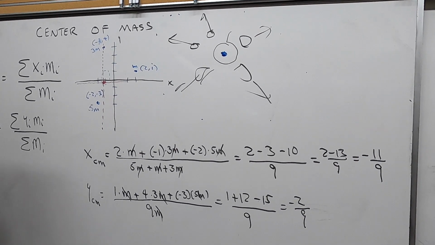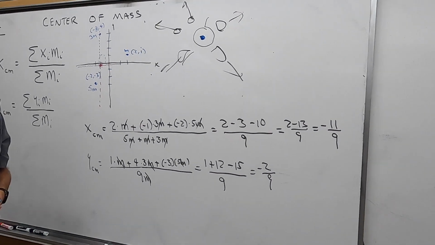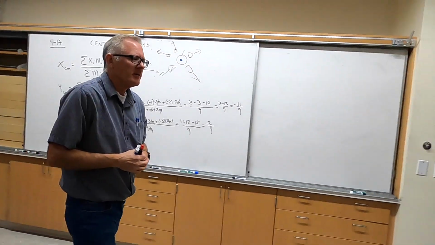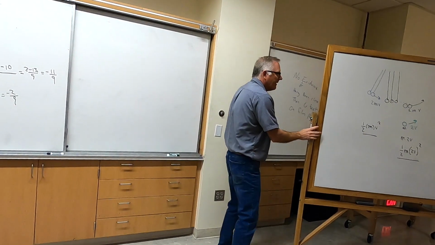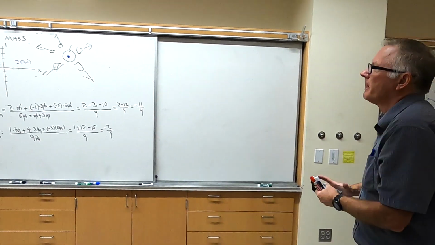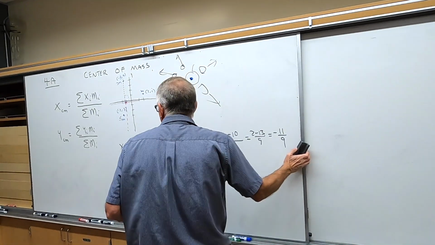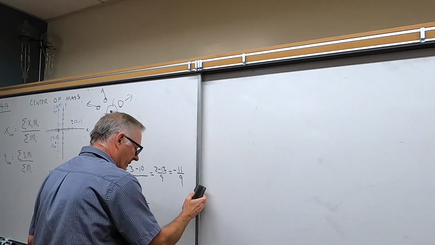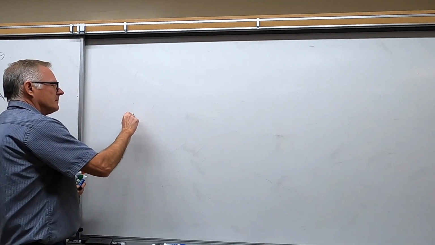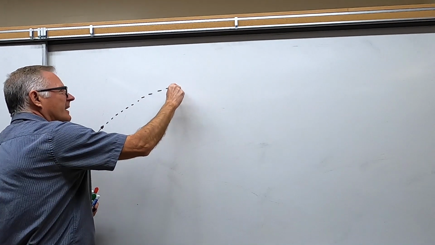But on one of your questions on your homework, I'm just looking for my eraser. Eraser right there. You had a problem on the homework where you had a projectile that went flying up in the air.